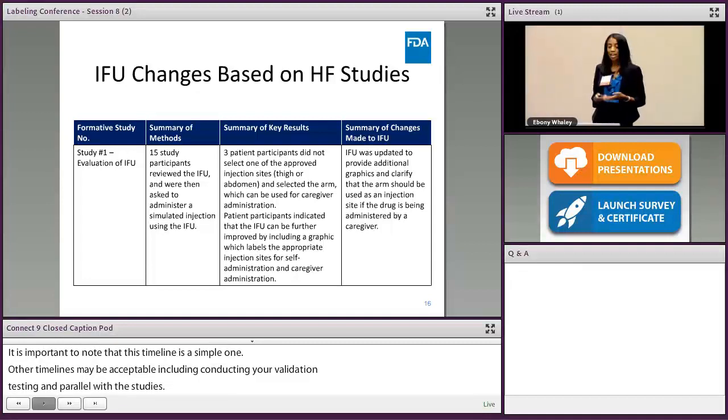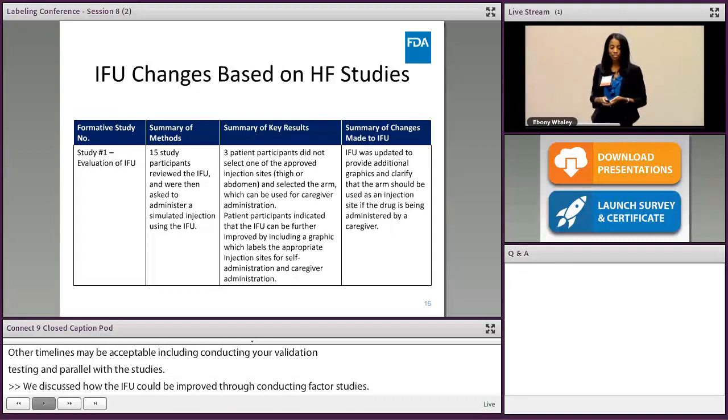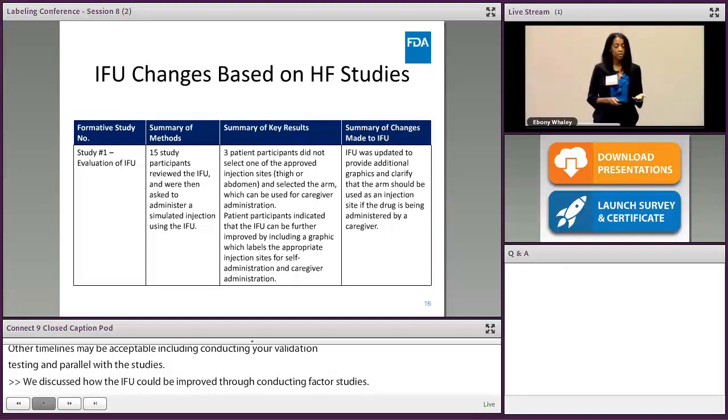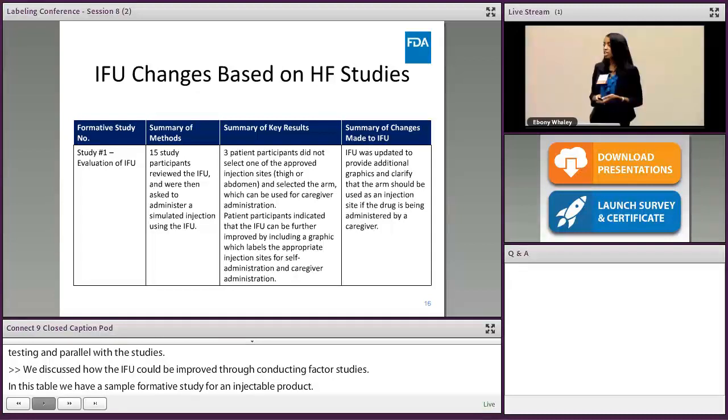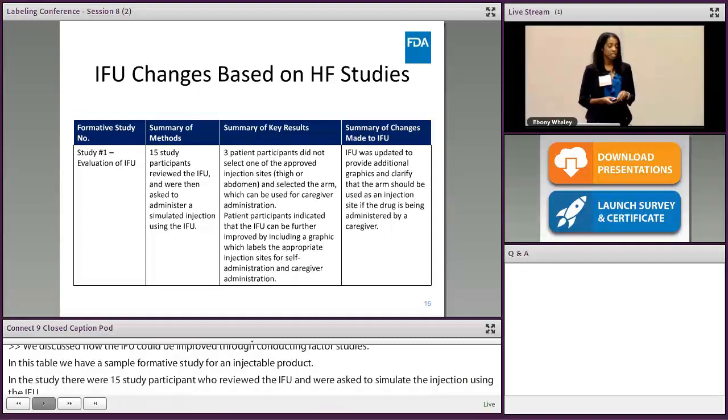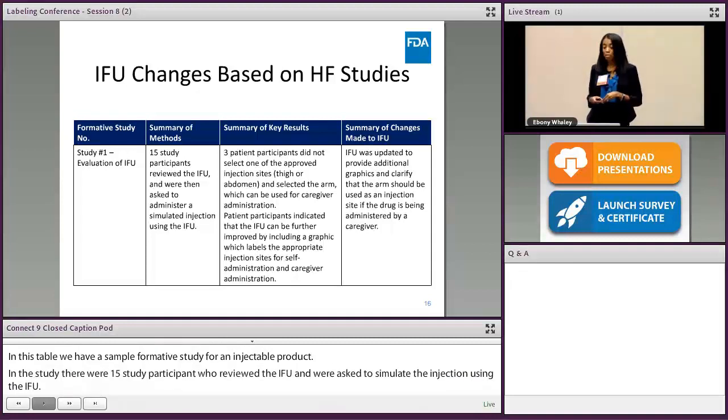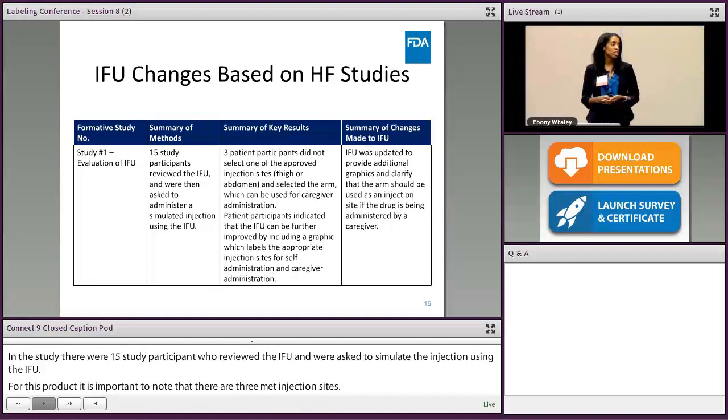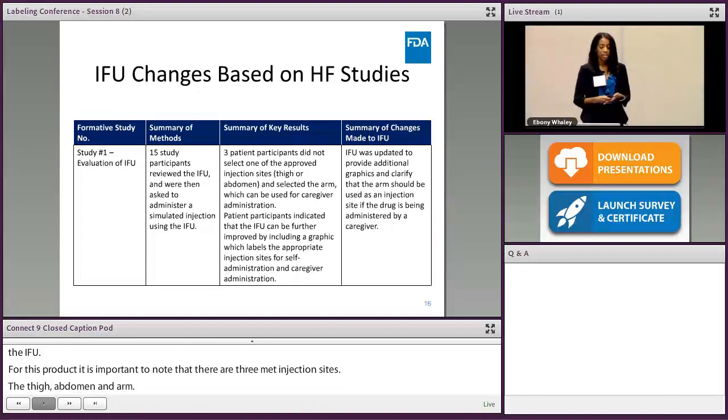We also discussed how your IFU might be improved through conducting human factor studies. In this table, we have a sample formative study for an injectable product. In this study, there were 15 study participants who reviewed the IFU and were asked to simulate the injection using the IFU. For this product, it's important to note that there are 3 injection sites: the thigh, the abdomen, and the arm.